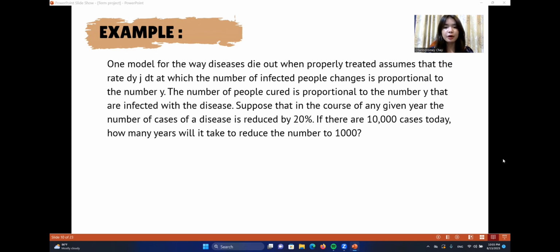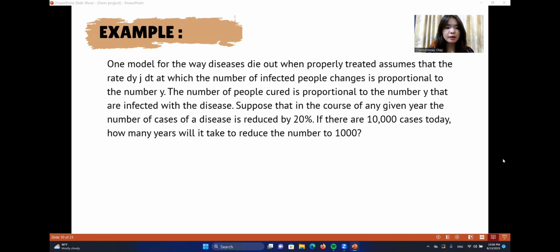The number of people cured is proportional to the number y that is infected with the disease. Suppose that in the course of any given year, the number of cases of a disease is reduced by 20%. If there are 10,000 cases today, how many years will it take to reduce the number to 1,000?